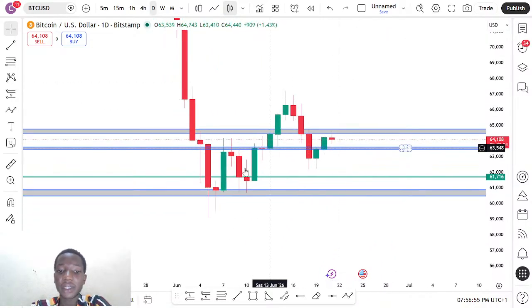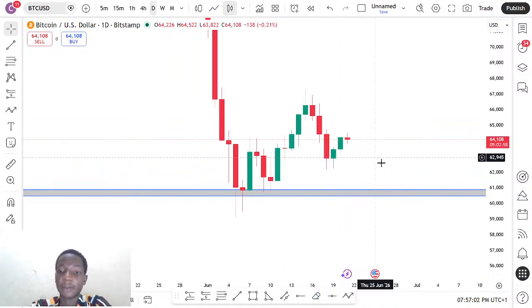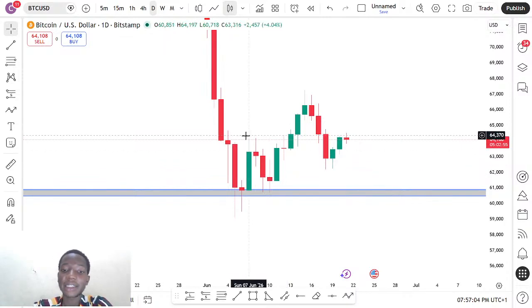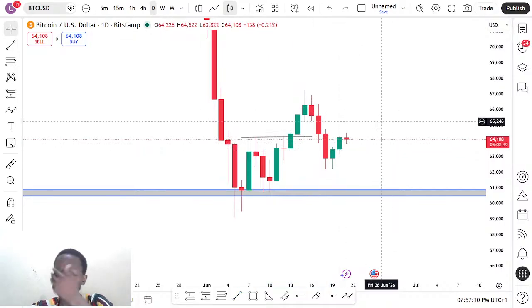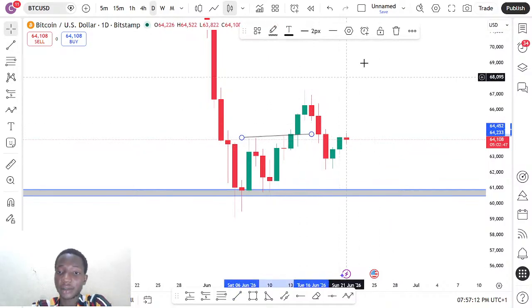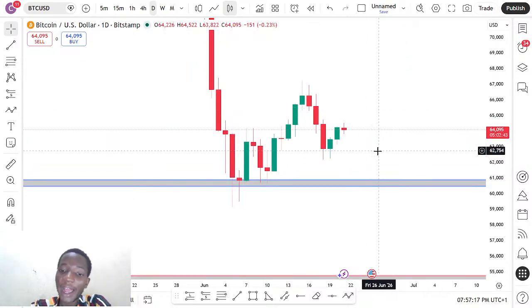So if you look here, there is a break of structure. This one here is a break of structure to the upside, an internal break of structure. That's why I'm still expecting more down push before the market goes up.